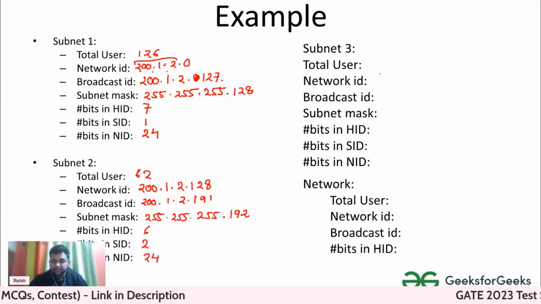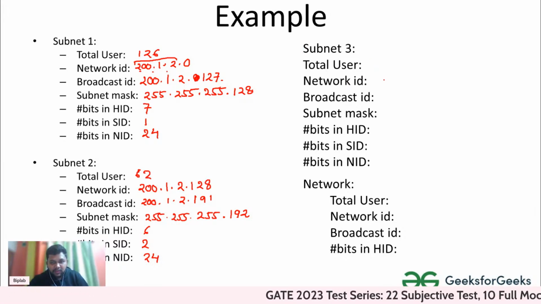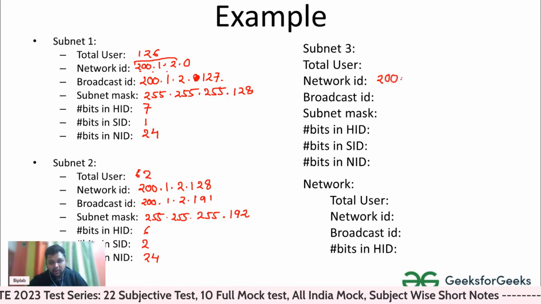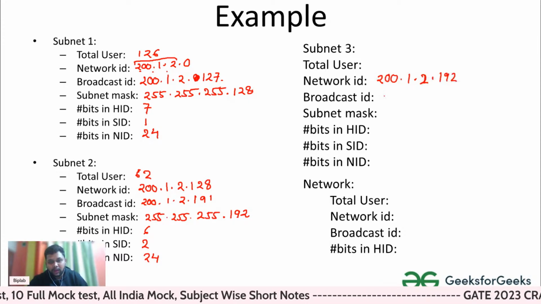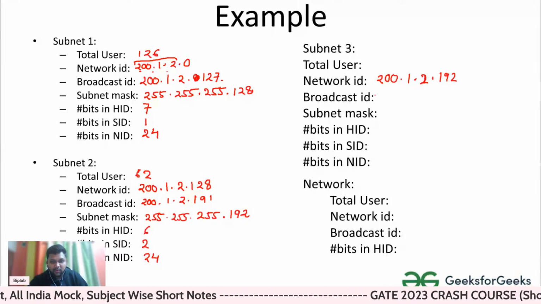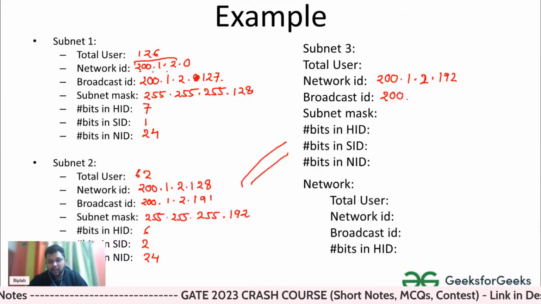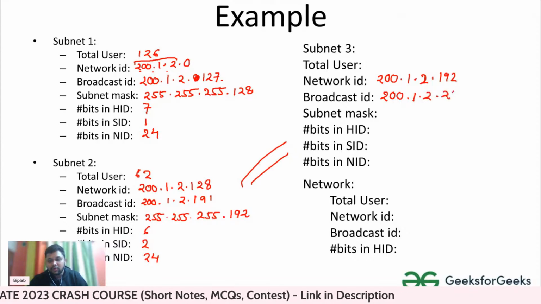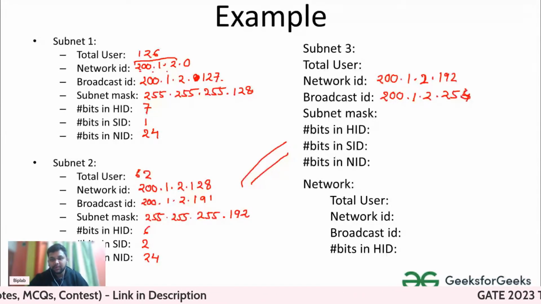It's the same way for subnet 3, the only change will be in the network ID, which will be 200.1.2.192, and otherwise all will be the same. And the broadcast ID will be 200.1.2.254. Sorry, 255.